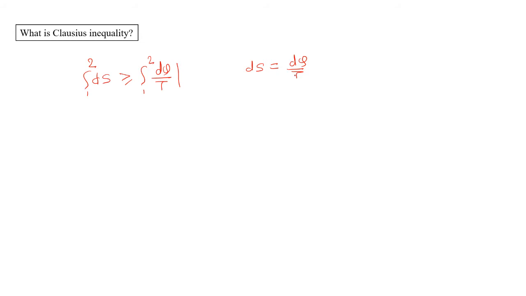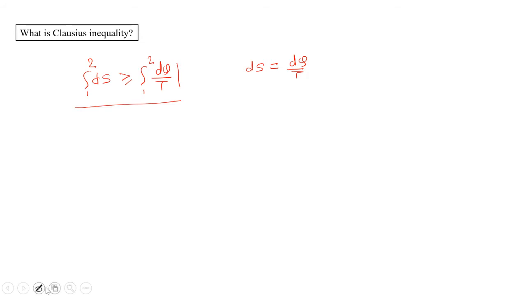So, this is Clausius inequality, where we actually can find out what is the entropy change, and then that entropy change would be always more than dQ by T in that process 1 to 2. This is the expression for Clausius inequality.